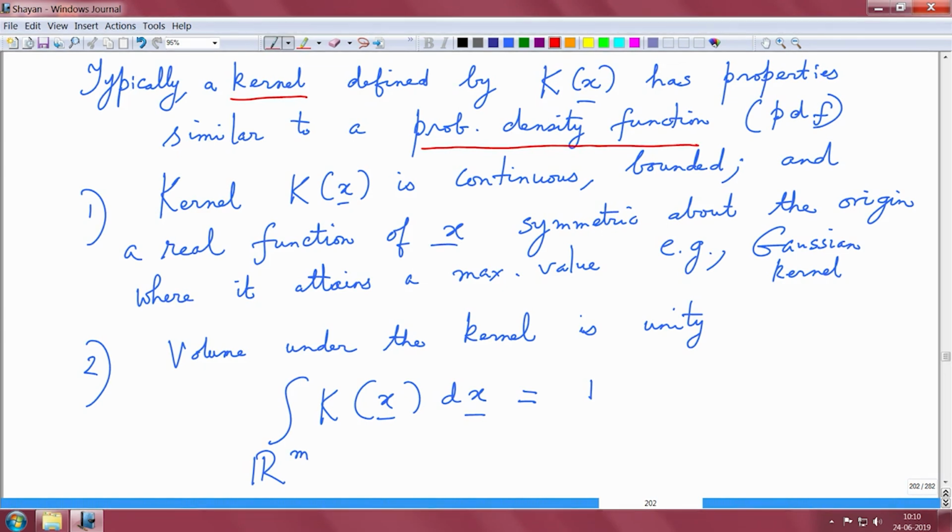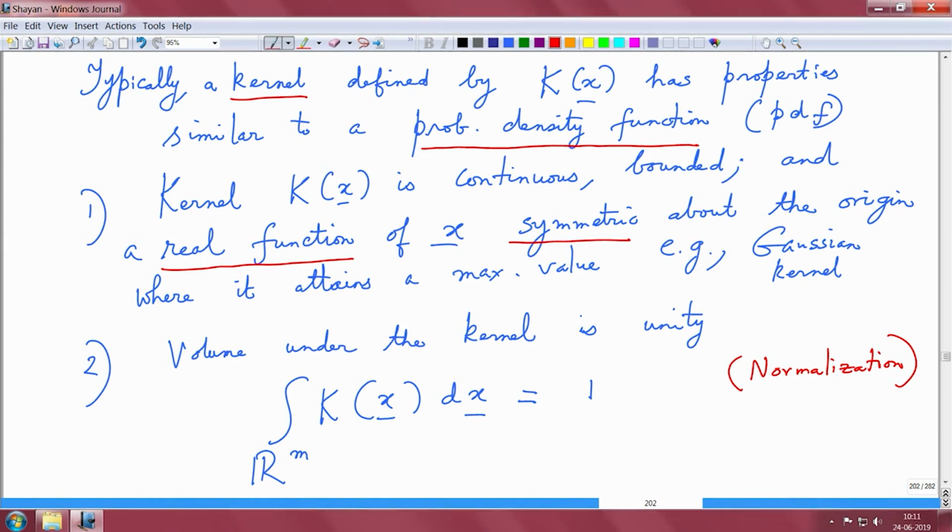There are two important properties that the kernel has to satisfy. It is a real valued function of x, and it is symmetric around the origin, where it typically attains the maximum value, and the other property is normalization, that is the area under the surface of this kernel, or I would say the volume under this kernel, is essentially unity.